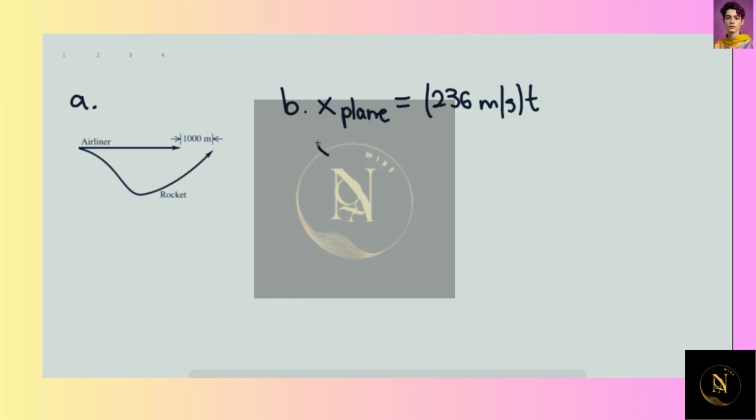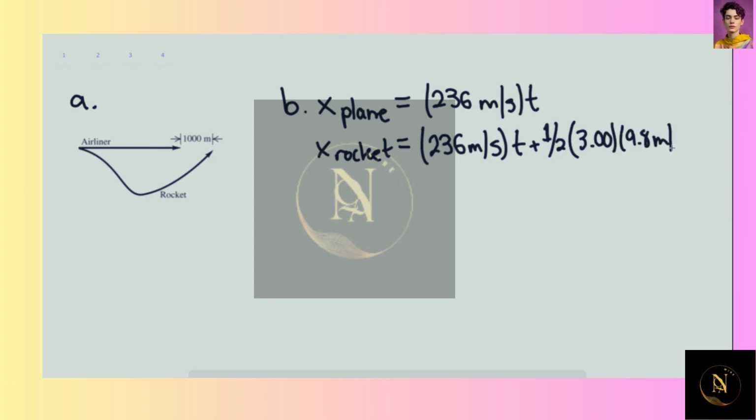And the x position of the rocket is defined as 236 meters per second multiplied by t plus 1/2 of 3.00 times 9.8 meters per second squared times cosine of 30 degrees multiplied by t minus T quantity squared.